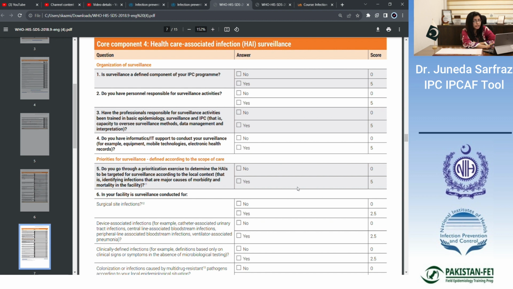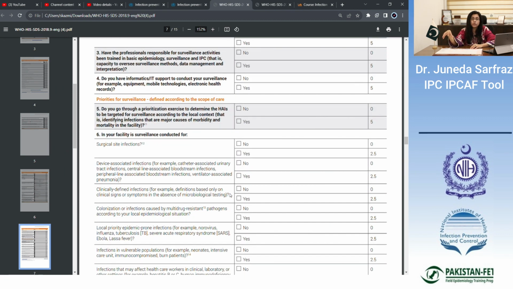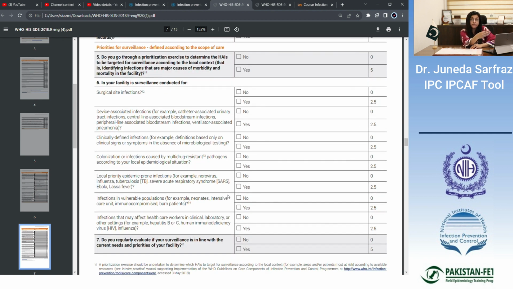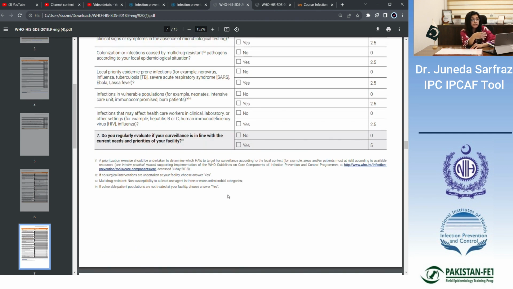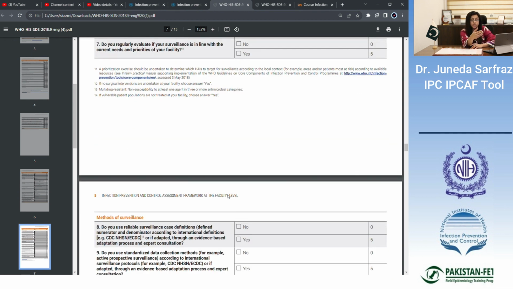So you can understand that these 6 or 7 subcomponents of surveillance are there. So surveillance is an all-encompassing thing. It's not that you only have to have surveillance at the surgical unit and not at the medical unit. That's why they have these important sites on which the surveillance should be there. And if it's a yes, then you score. If it's a no, you don't score.